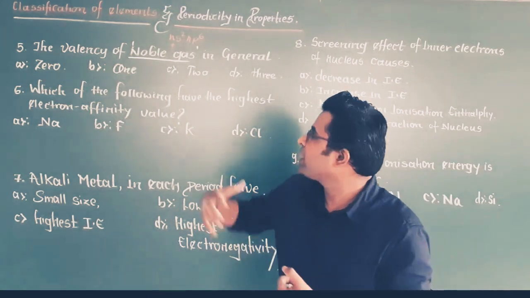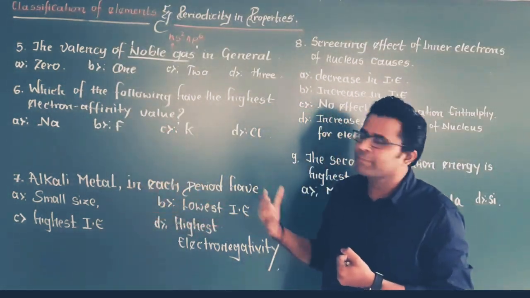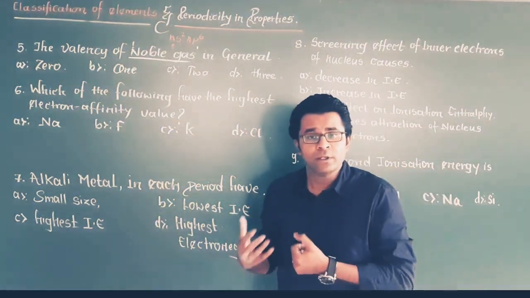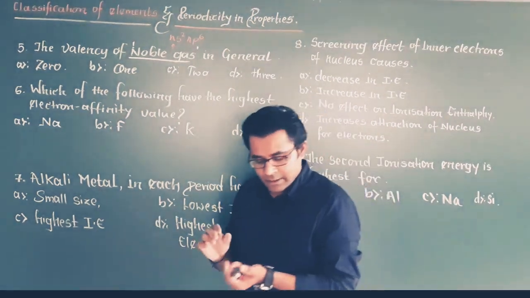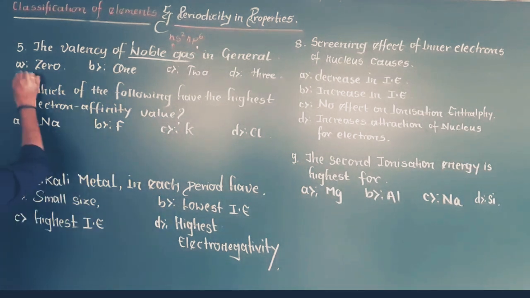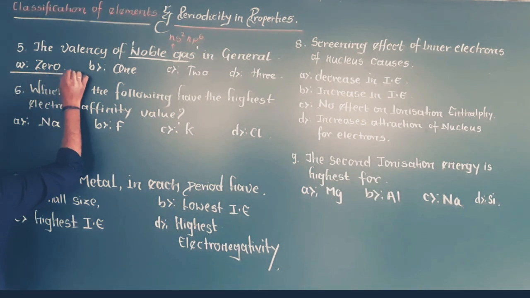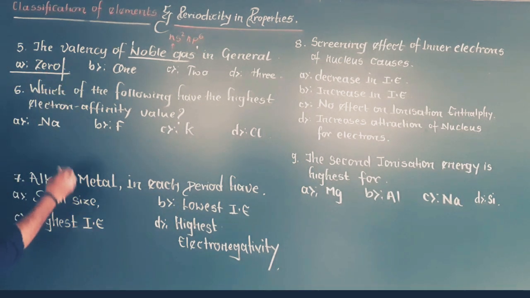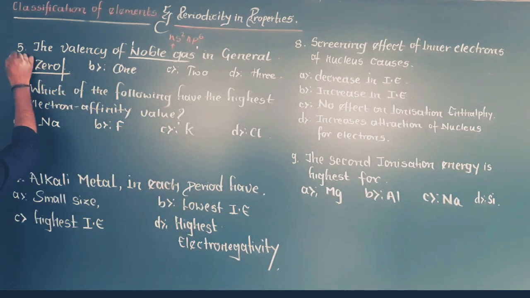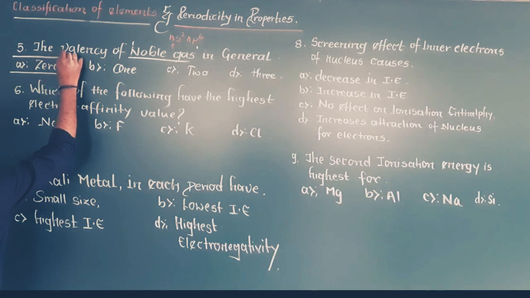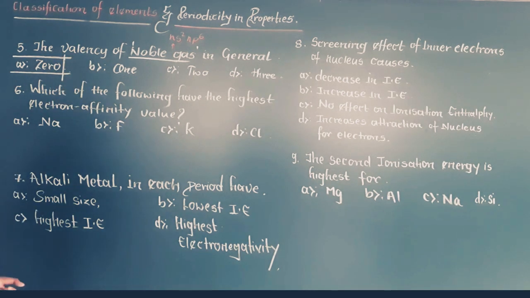Therefore, no bonds can be formed by the noble gases. So the option here is 0, as we had options 0, 1, 2, 3. But 0 is the answer, as it cannot donate or take any electrons, nor can it combine. Therefore, noble gases in general have a valency of 0.